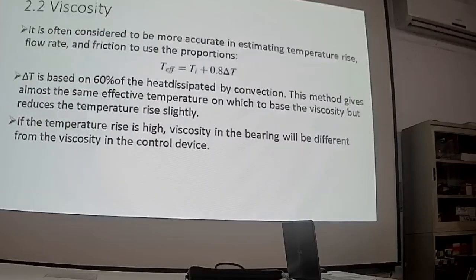This is another estimation for the effective temperature. In this case, the factor is not 0.5 but 0.8. This is based on the assumption that delta T is based on 60% of the heat being dissipated by convection.